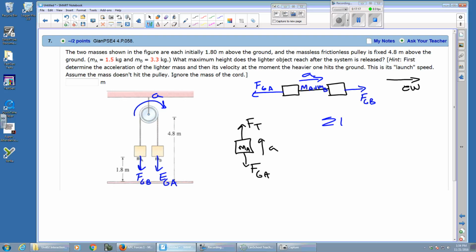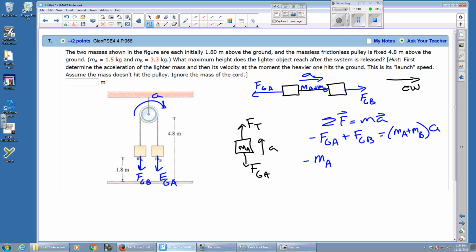Now I just do sum of the forces equals MA. I'm going to take A as positive, so I have negative FGA plus FGB equals (MA plus MB) times A. I know everything, right?